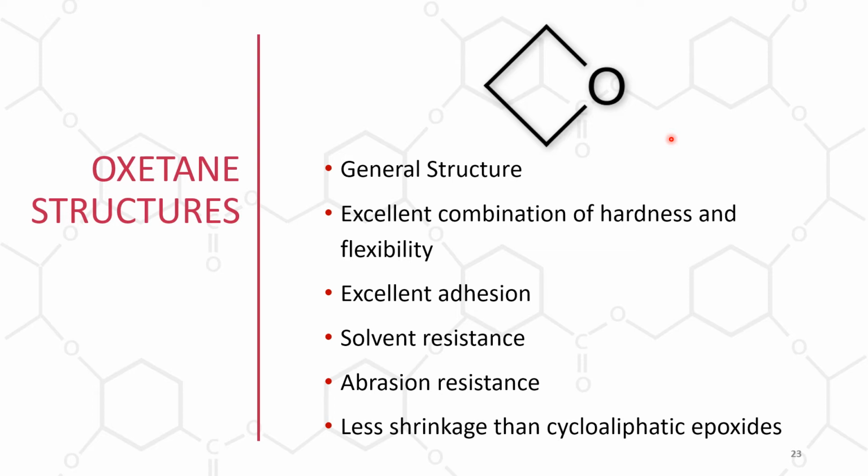This gives an excellent combination of hardness and flexibility. You get very good adhesion, great solvent resistance, good abrasion resistance, and less shrinkage than cycloaliphatic epoxides. So it's becoming a really important tool in a cationic curing formulator's tool chest.